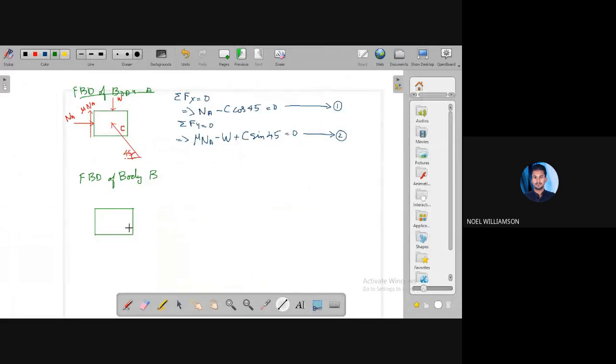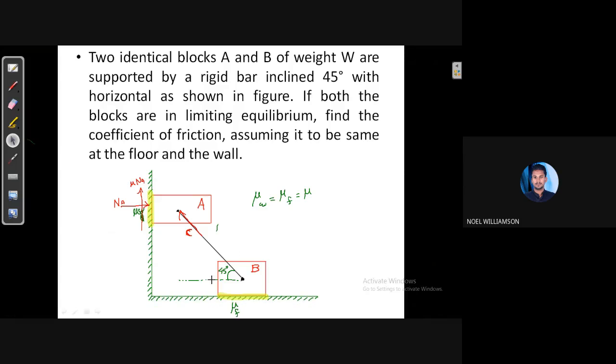First of all, the weight itself. So weight is acting vertically downward. It is weight, W itself. Then the compression force. Compression force is acting always towards the body, so it will be acting like this. This is compression force C.